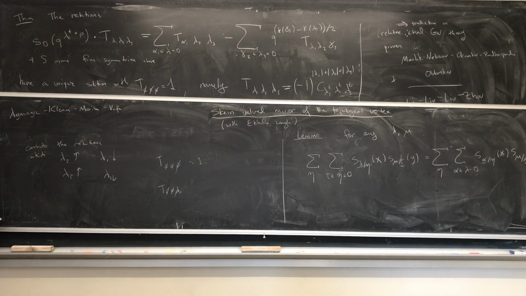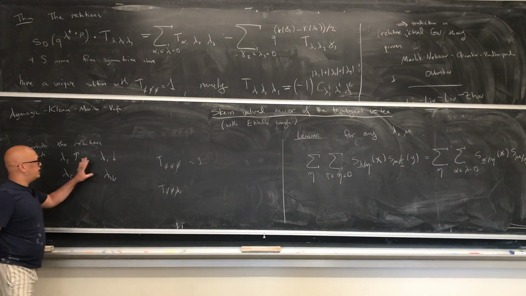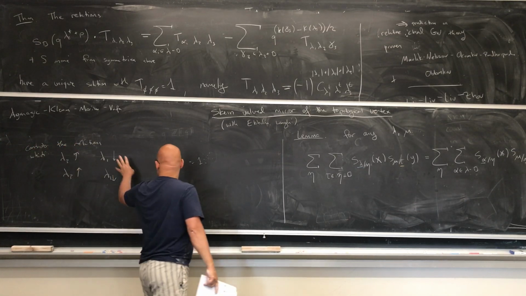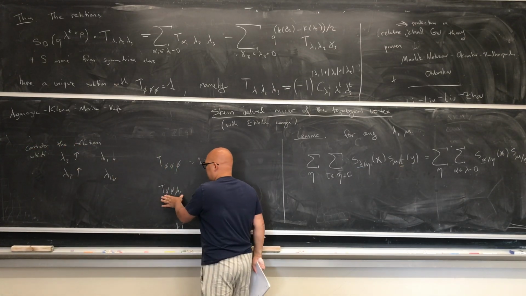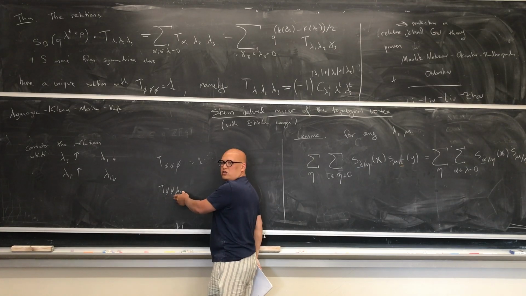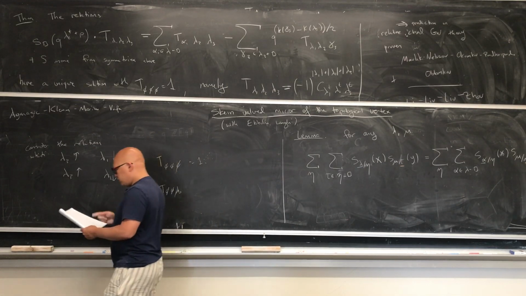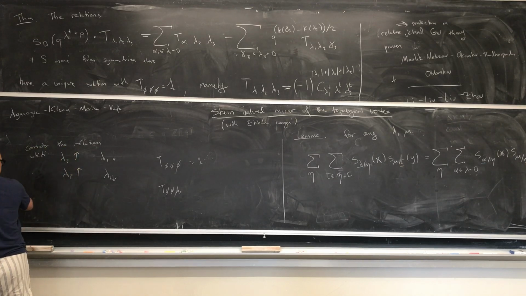The point is that the piece of these relations which is lowering this other part just annihilates it. There's nowhere I can lower lambda 1 and lambda 2. And the ones which raise lambda 3, I have two of them.